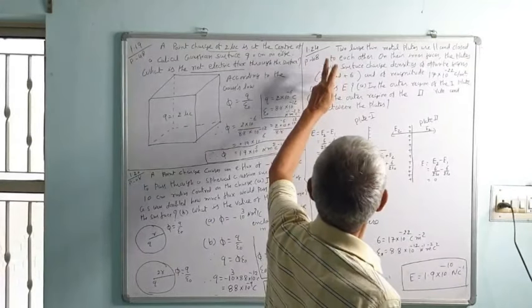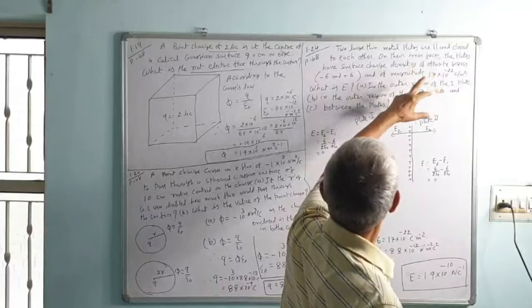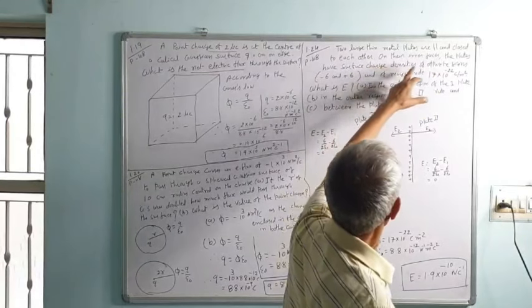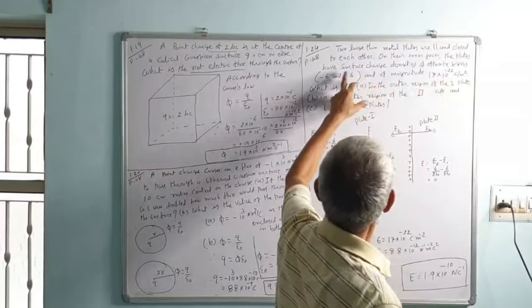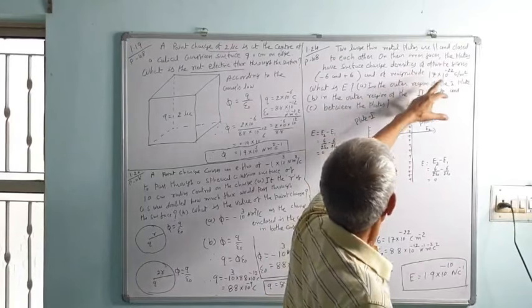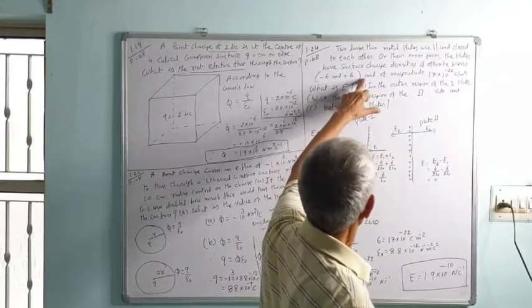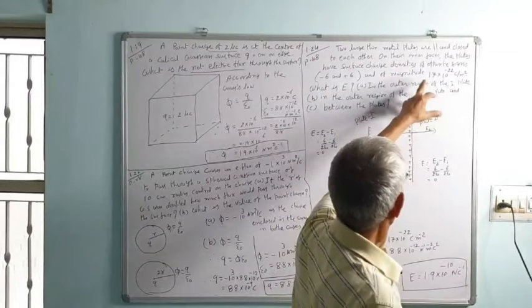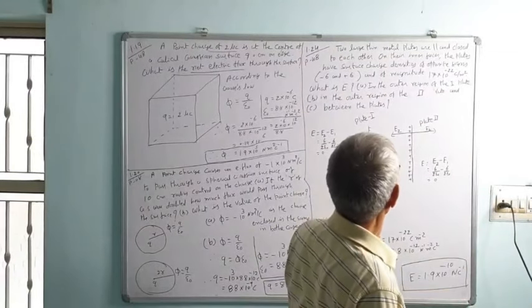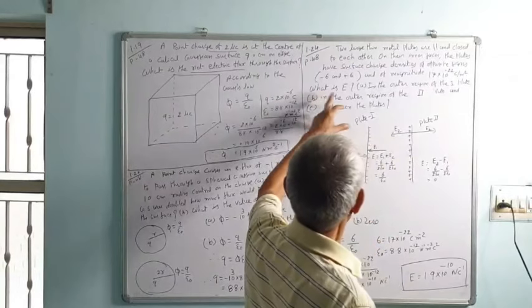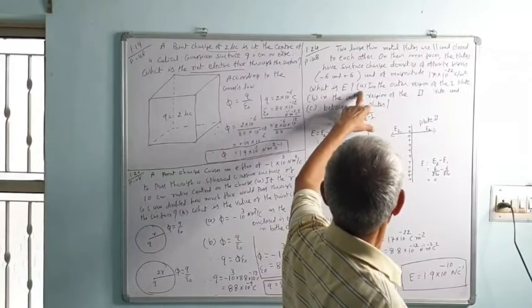Next, 1.24. Two large thin metal plates are parallel and close to each other. On their inner faces, the plates have surface charge densities of opposite sign, minus sigma and plus sigma, with a magnitude of 17 × 10^-22 coulomb per meter square. What is E in region number 1?